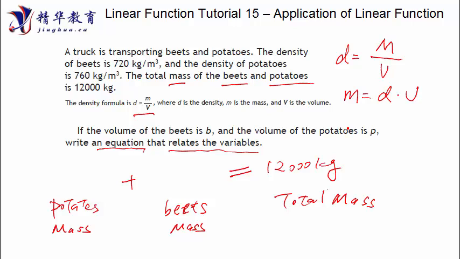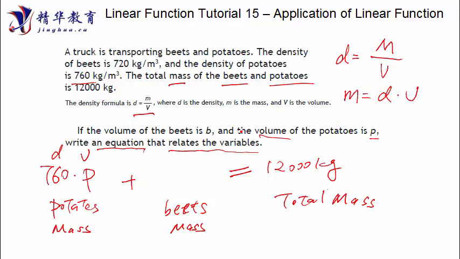We know the density of potato is 760 kilograms per cubic meter, and we also know the volume of potato is p. That means we have 760 times p. That's the density times the volume, so we have the mass of potato. Make sense?